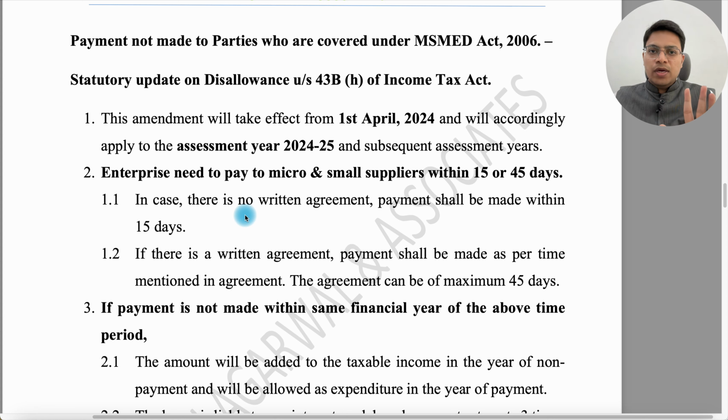As per law, you have to calculate the due date as per the MSMED Act and ensure that you are making the payment within the same financial year of the due date. If you are not making the payment within the same financial year of the due date and making the payment in the next year, then for that financial year in which the due date falls, it will be disallowed, and it will be allowed in the financial year in which you are making the payment.